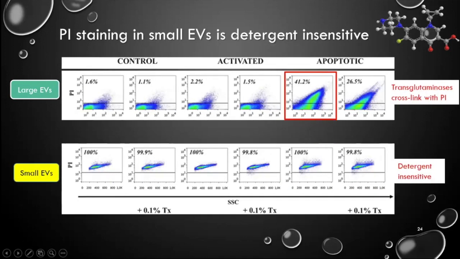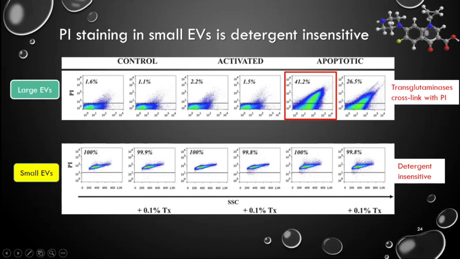An interesting part is that propidium iodide staining in the large vesicles didn't show so much positive signal in the control and activated cases for the large EVs, but there was an increase under the Triton treatment in the apoptotic case in the PI staining.